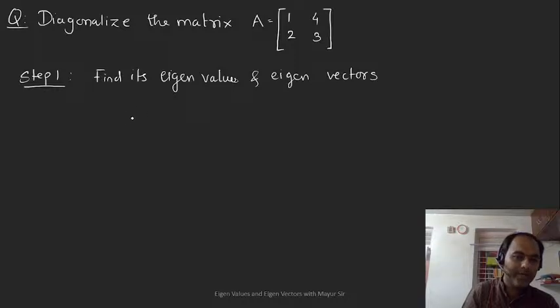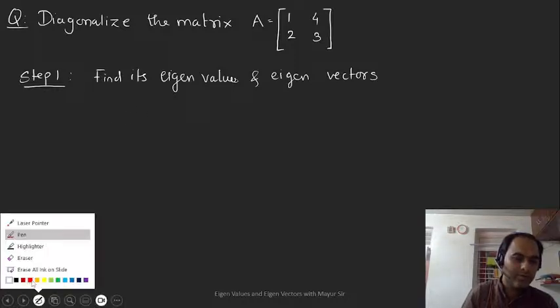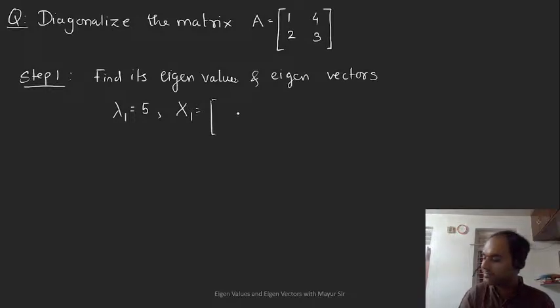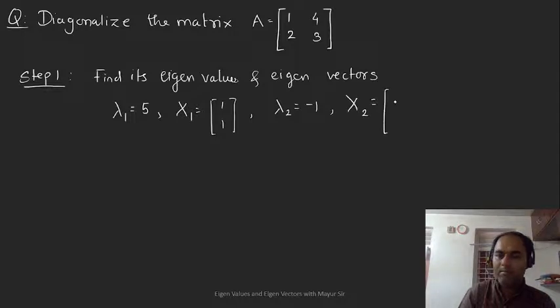Here we found lambda 1 is 5, and x1 for it is 1 1, and lambda 2 is -1, and X2 is -2 1.